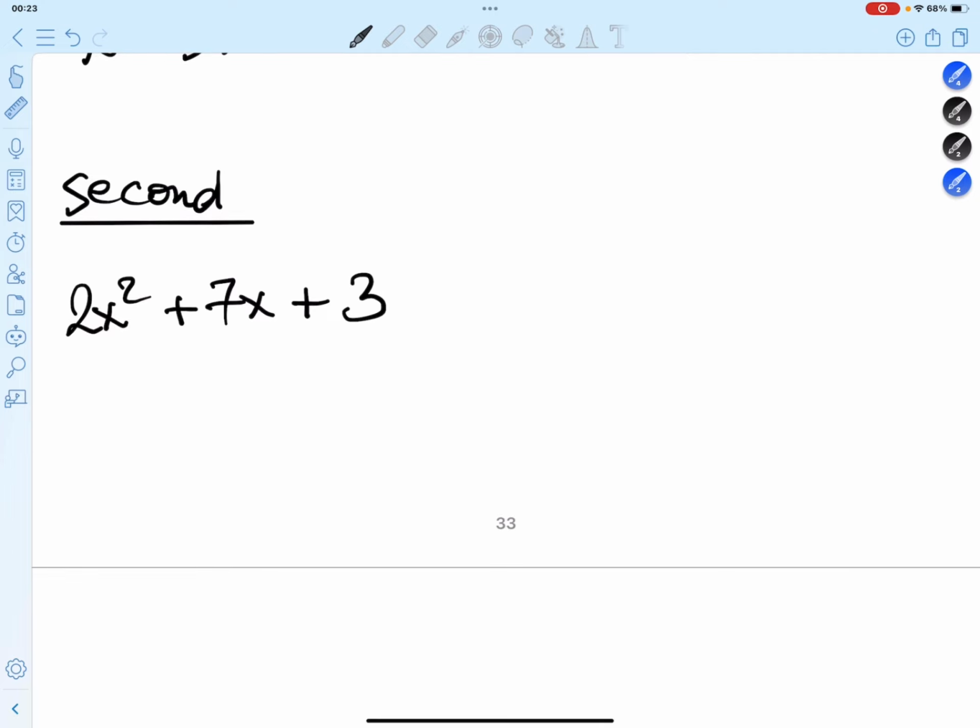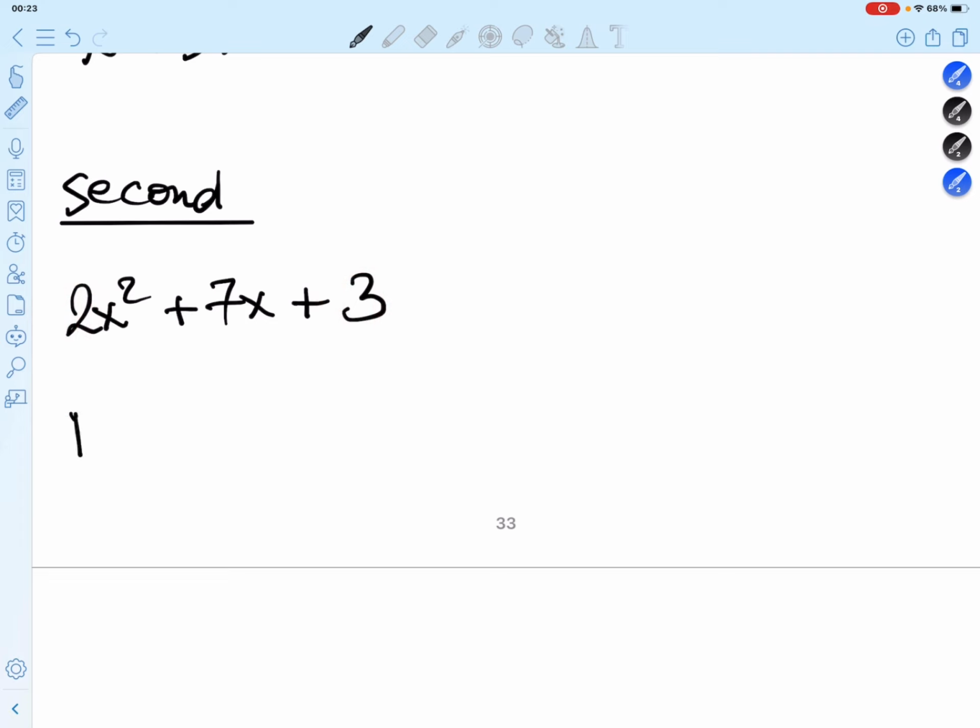Now to factorize this, we need to split the middle term. So first of all, we need to find two numbers such that the product would be equal to a times c.